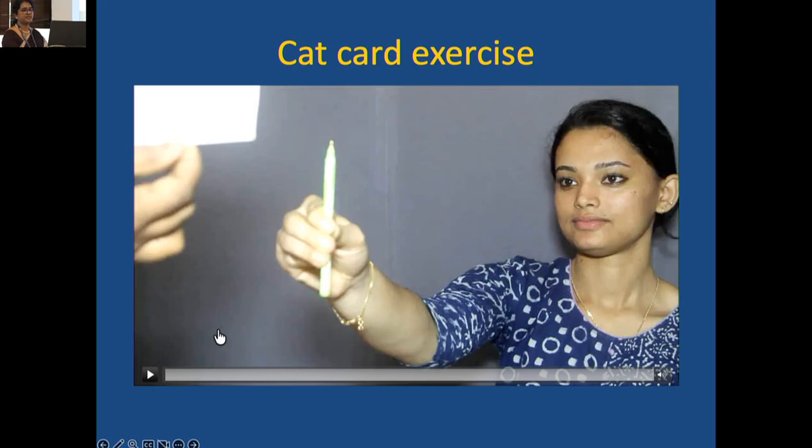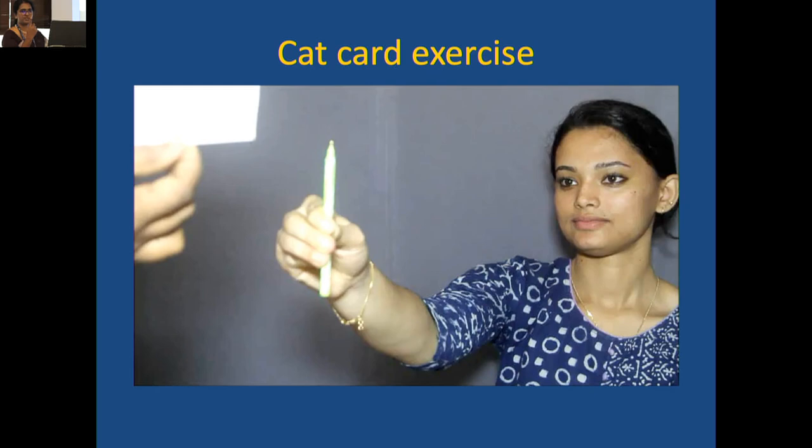So the basic exercise is bringing the pen closer to your nose and trying to focus only on the tip of the pen. Okay, and at no point are we looking at the CAT card. We are looking only at the tip of the pen and we are trying to see the cat on the CAT card stereogram as a single cat with whiskers and tail.